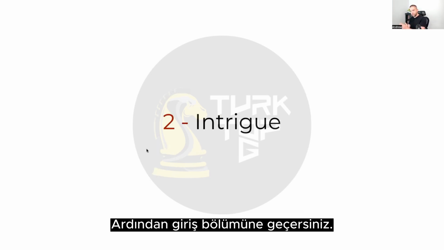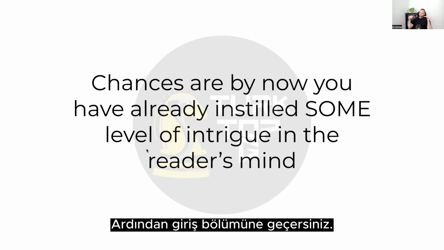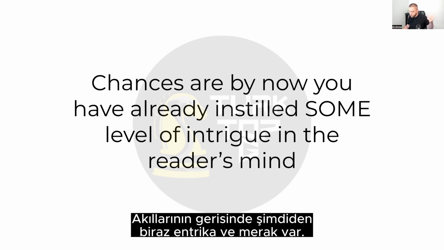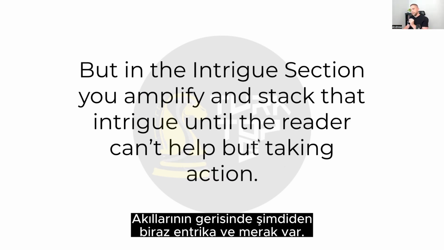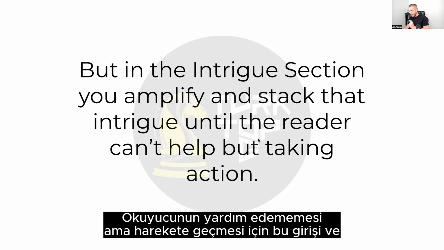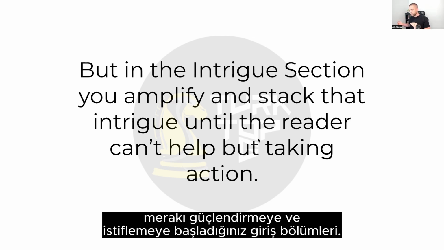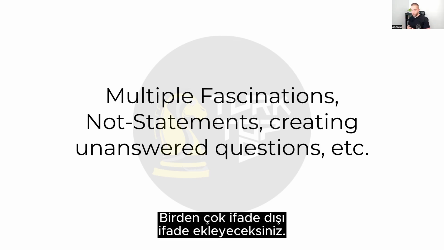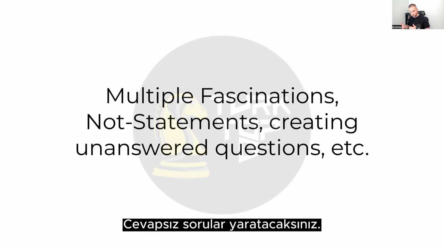And then you move into the intrigue section. Chances are that in that disrupt section, you instilled a little bit of curiosity and intrigue. There's already a little bit of intrigue and curiosity in the back of their mind. The intrigue section is where you start to amplify and stack on that intrigue and curiosity so that the reader can't help but take action, right? You're going to add multiple fascination points. You're going to add multiple not statements. You're going to create unanswered questions, all that kind of stuff.